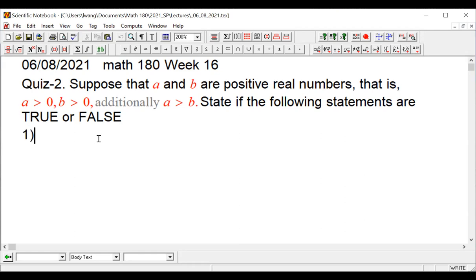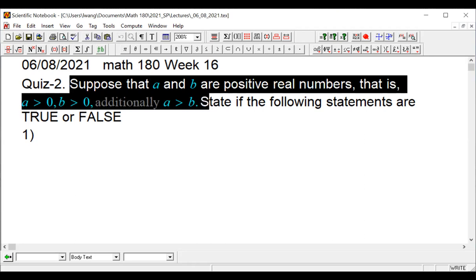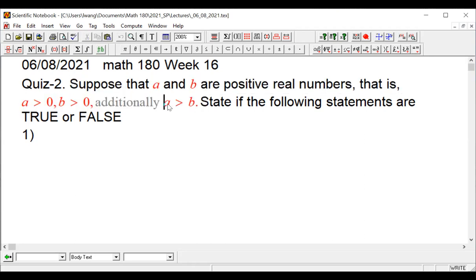The first one, we must read the fine print. It says A is larger than B. Under this condition, it's very important to read the fine prints. A is larger than B. If you make a B minus A, what do we have? B is smaller, both are positive.